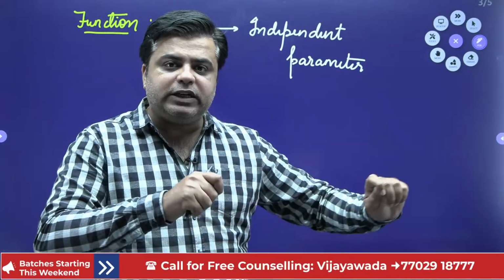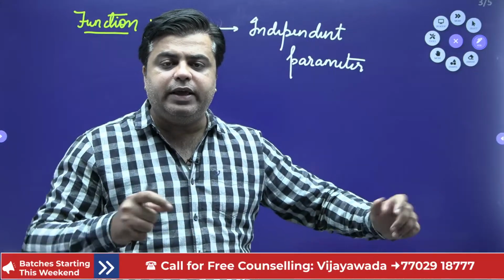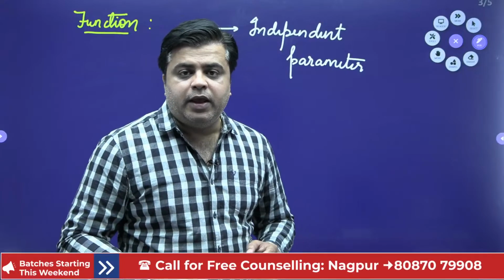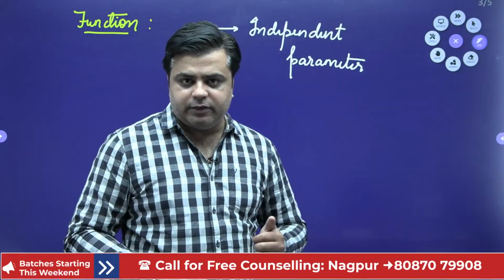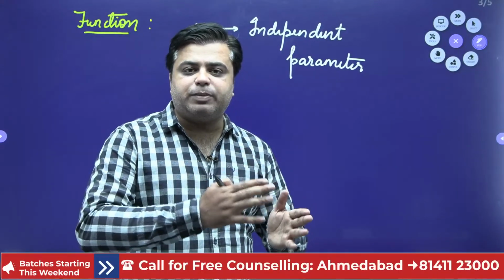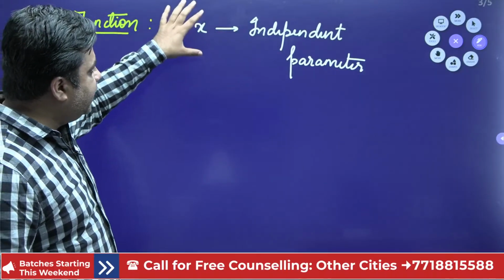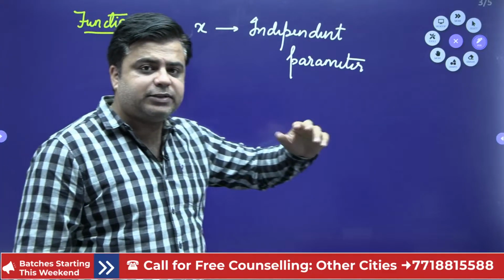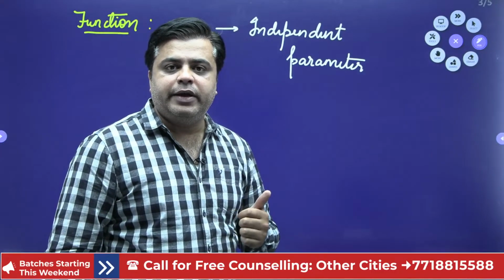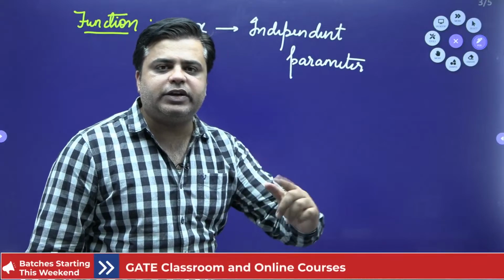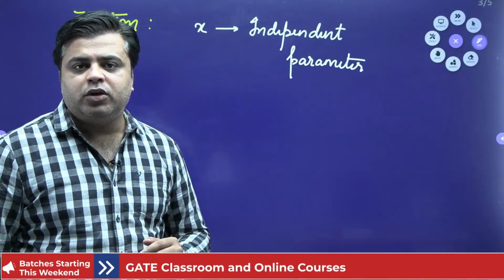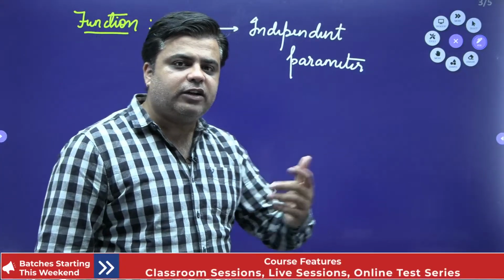This deformation will directly happen over the body if you apply the load. Due to this deformation, there will be stresses produced in the body. So if I talk about an independent parameter, strain is my independent parameter. Due to strain, stress will happen in the body. So my stress is a function of strain.